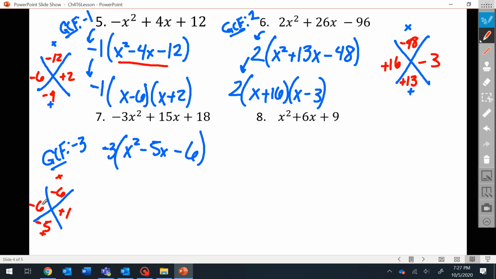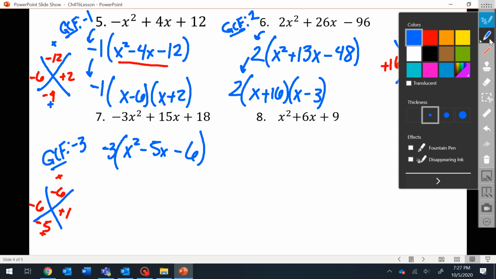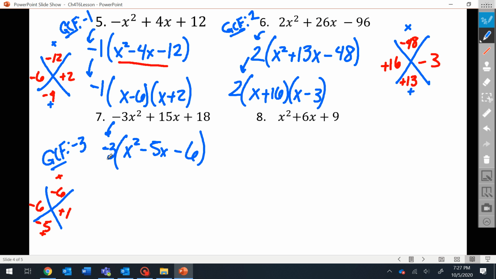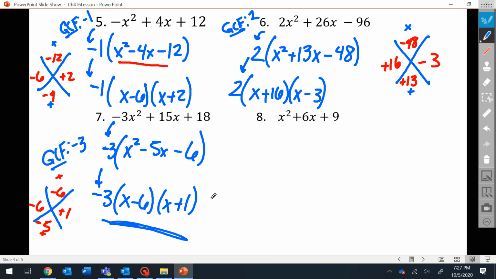Those multiply to negative 6 and they add to negative 5. So we still have the negative 3, and then this factors into x minus 6, x plus 1.